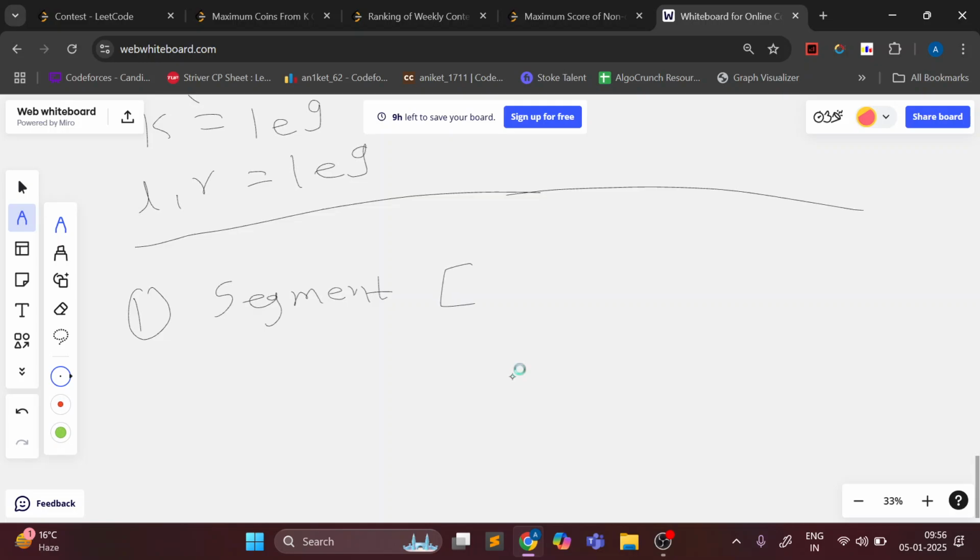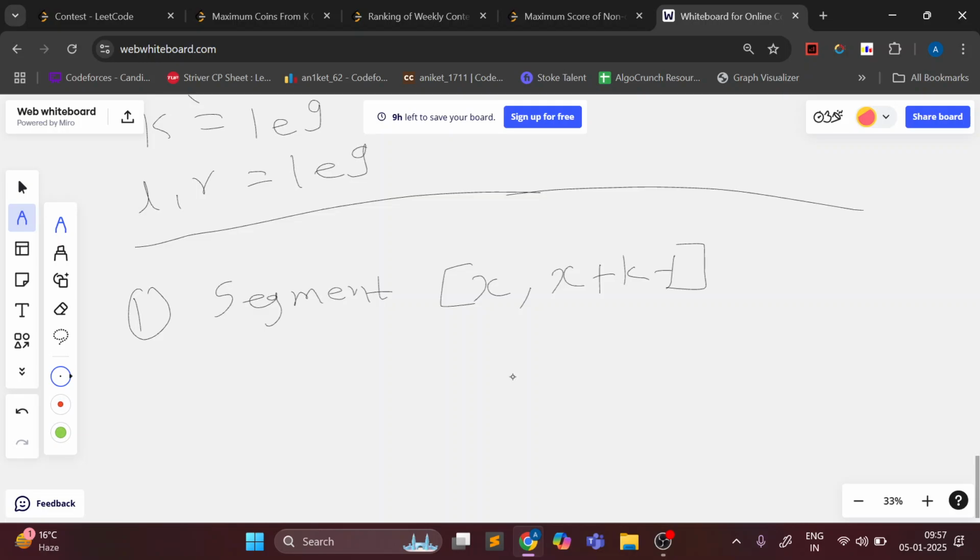Let's consider its segment can be x to x plus k minus 1. So k consecutive bags. Let's consider this is the segment which is giving us the maximum number of coins.